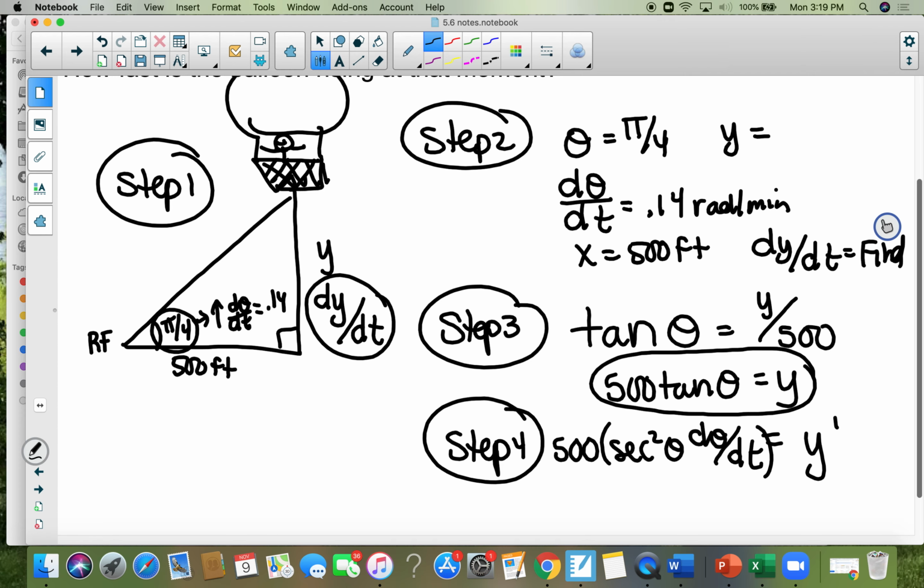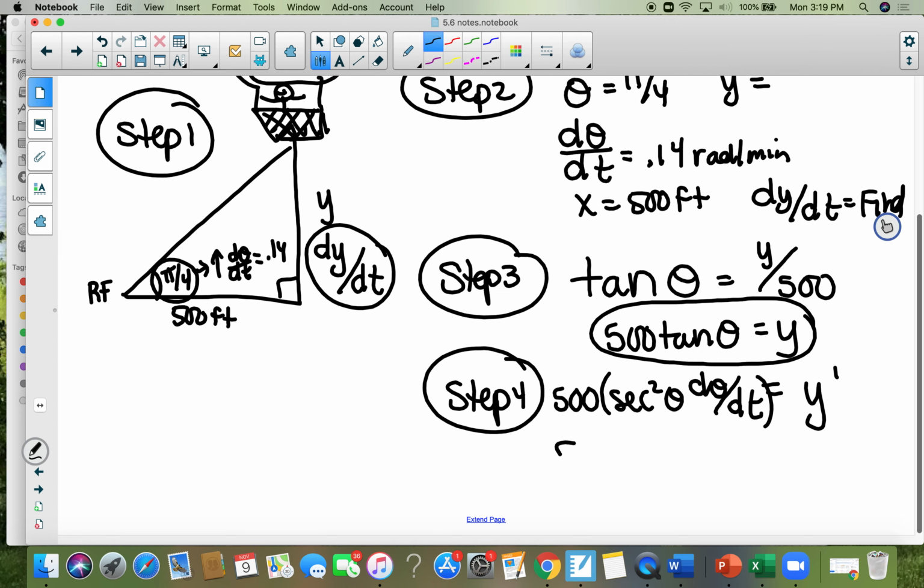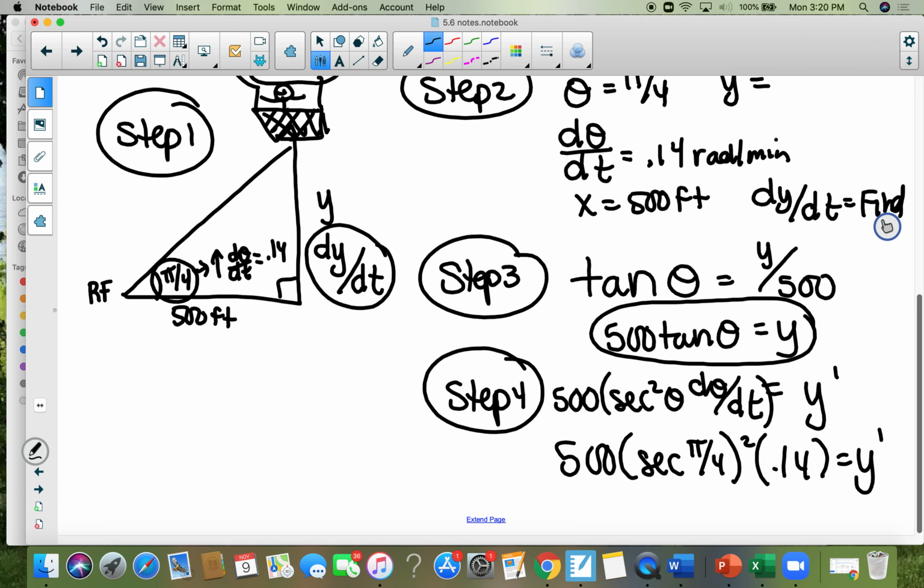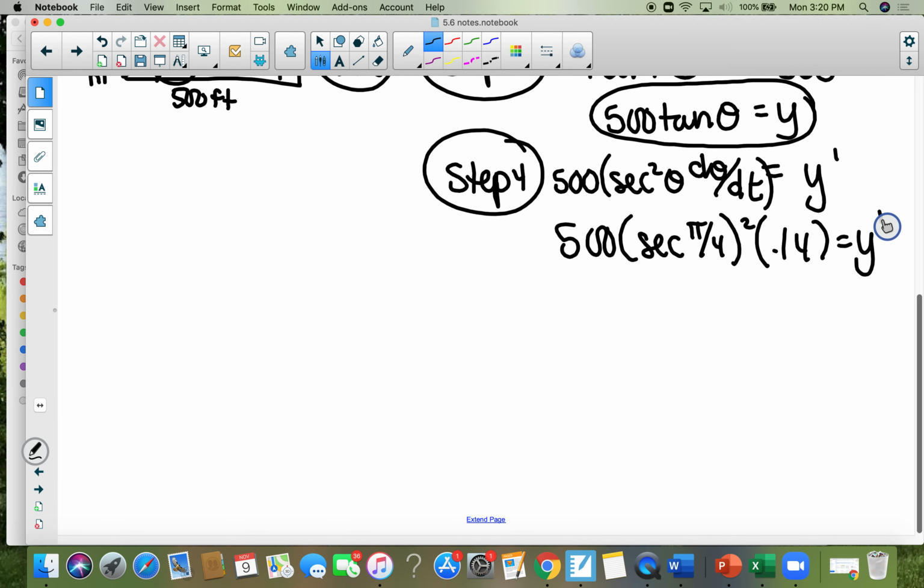Don't forget that part. So you fill in 500 secant squared of pi over 4, and we know that d theta dt is 0.14. The only thing left to find is y prime, the change in the height. Plug that into your calculator and you get 140 feet per minute is what the height is changing by.